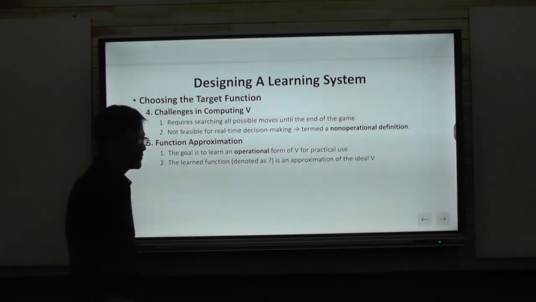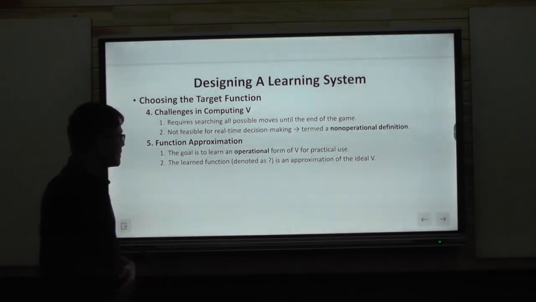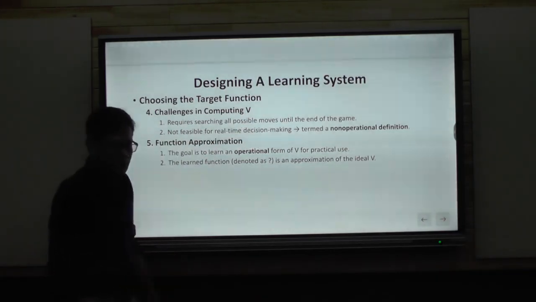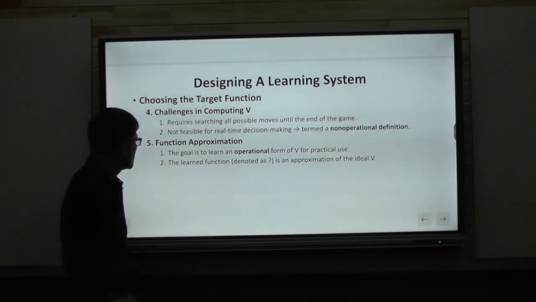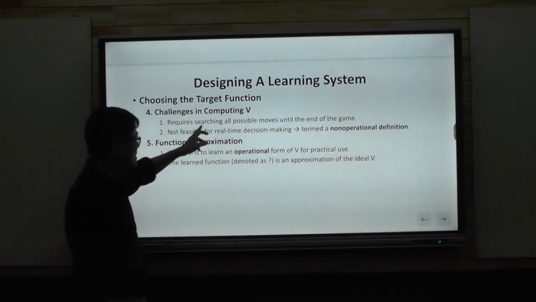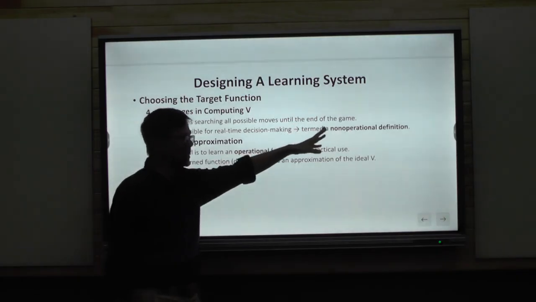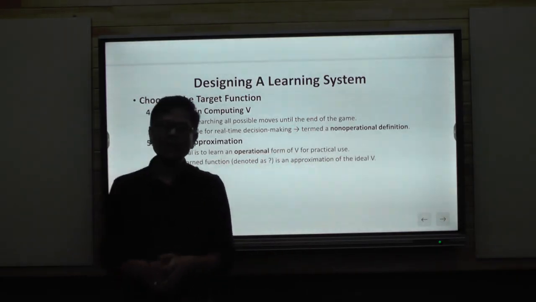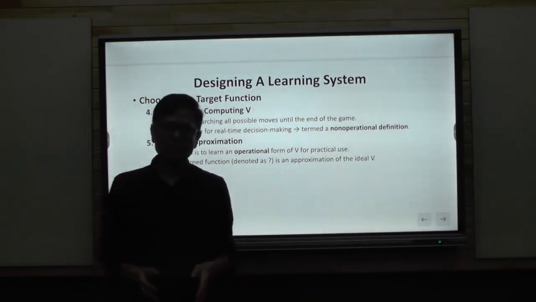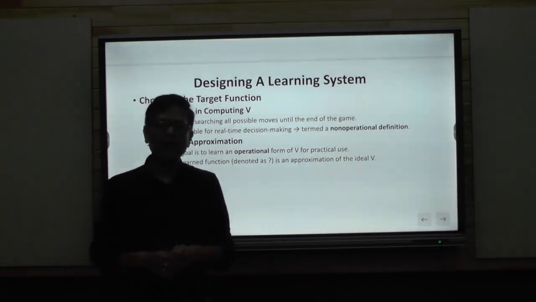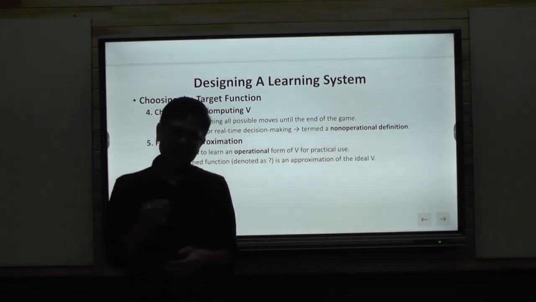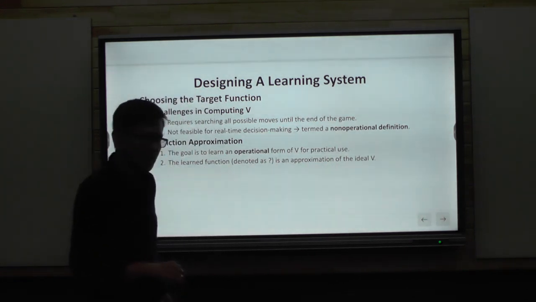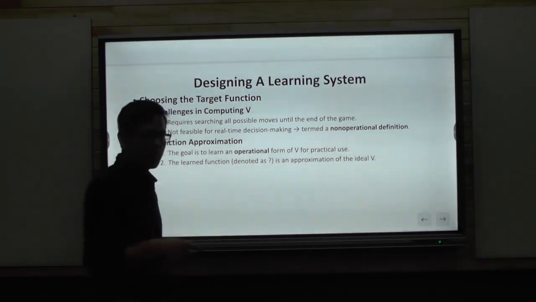So, choosing the target function: there are challenges in actually choosing it. The first one is that it requires searching all possible moves until the end of the game. So the search space is very humongous, very big. And in that search space we have to select the best possible move until we win, so we have to keep on searching.